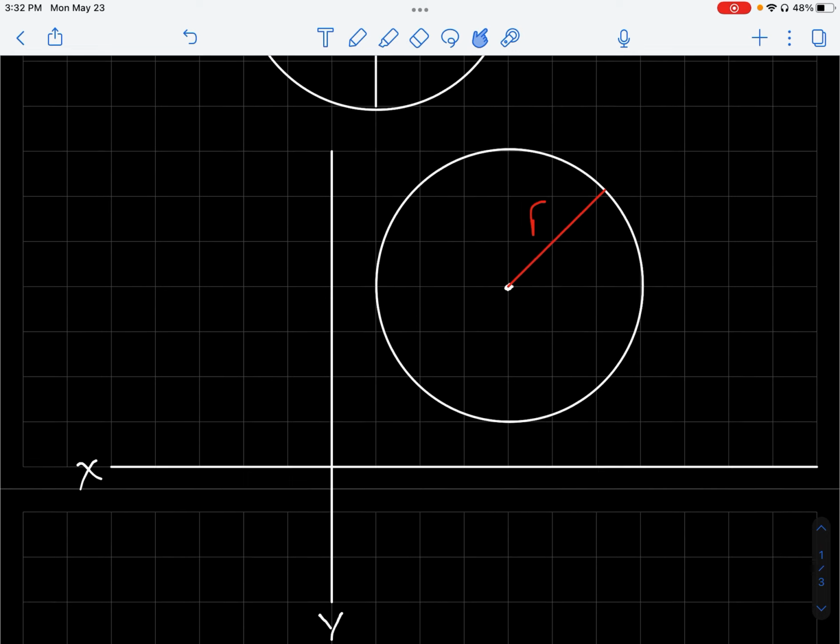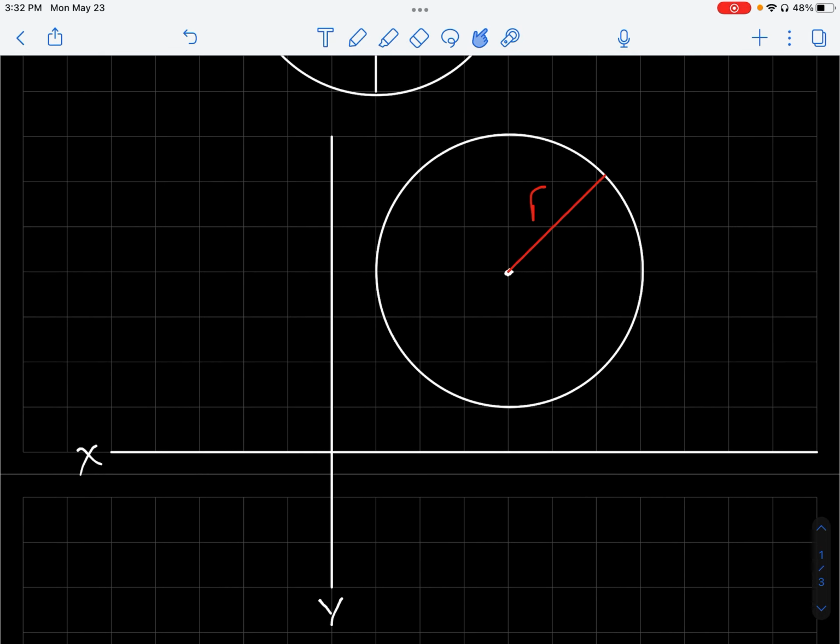But suppose that here we have a circle and it's not on the origin. Well, now we have to find the distance between where x and y is and the center of the circle.